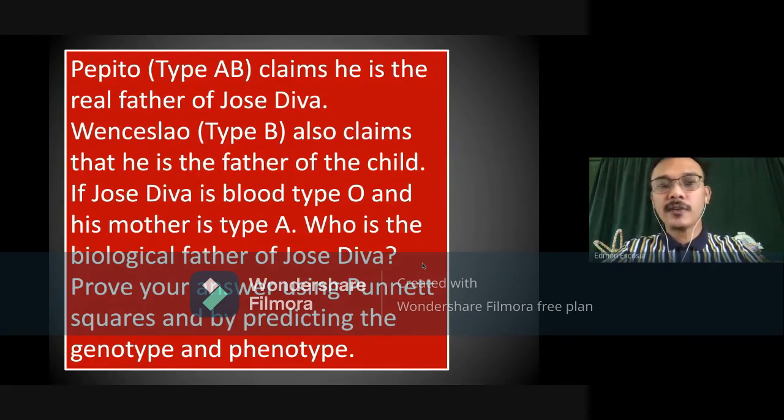Wenceslao, the other father, claims he is the father of Jose Diva. Wenceslao's blood type is type B. If Jose Diva is blood type O and his mother is type A, the dilemma now, or the question, is, who is the biological father of Jose Diva? So how are you going to prove your answer? Using the Punnett squares and also by predicting the genotype and the phenotype.